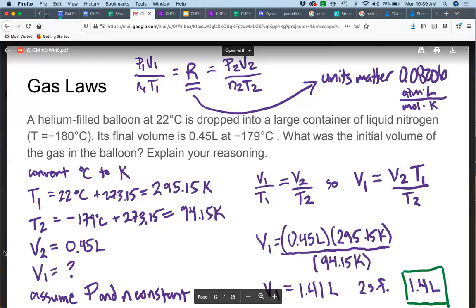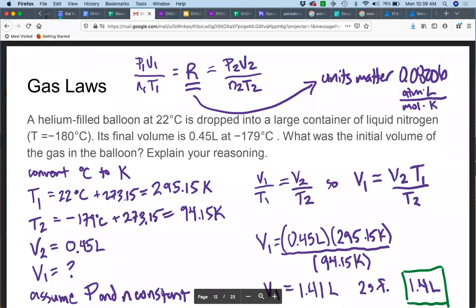Well, we're going to need to assume in order to solve this problem that our pressure and moles are constant. Sometimes you're also given information, say for example, that you have your reactants at standard temperature and pressure, and it's important that you know how to convert those to meaningful quantities. But in this case, we're going to make the assumption that our pressure and our amount of moles is constant.